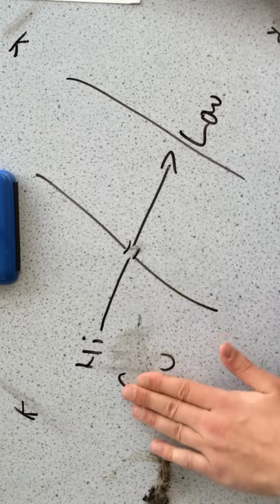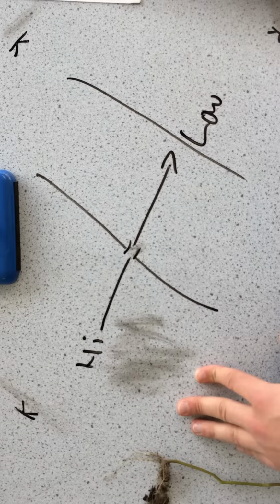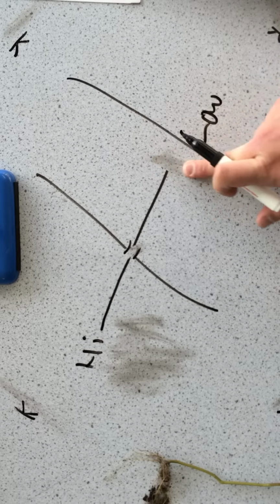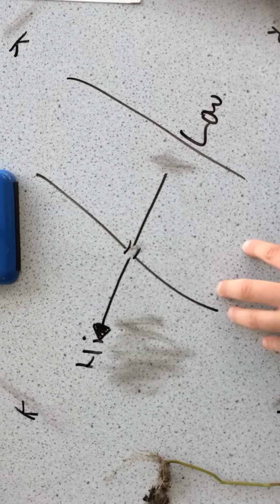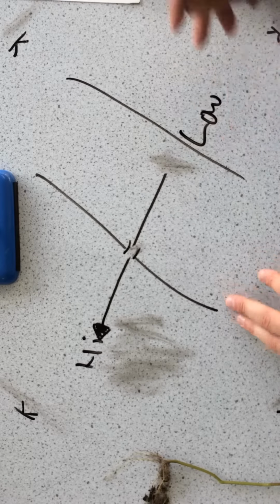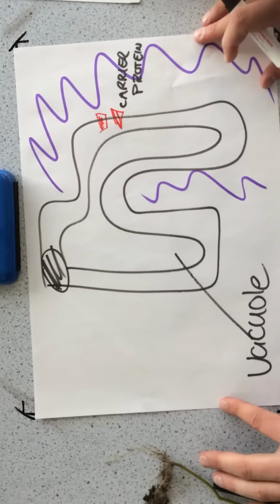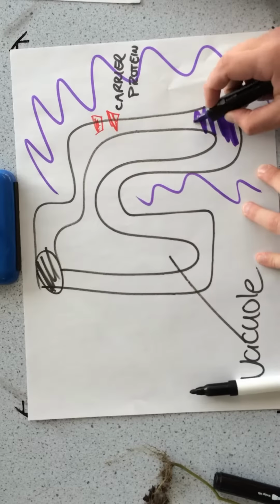Any molecule at all that's got a high concentration on one side and a low concentration on the other will passively move. Now, because mineral ions are in a low concentration in the soil and a high concentration in the actual plant, movement goes from low to high. Okay? From low to high. This is active transport. So the inside of my root hair cell has got a lot of mineral ions.